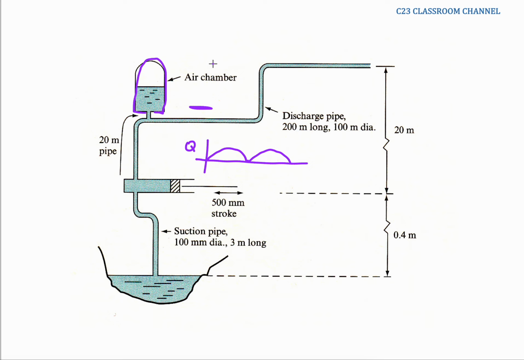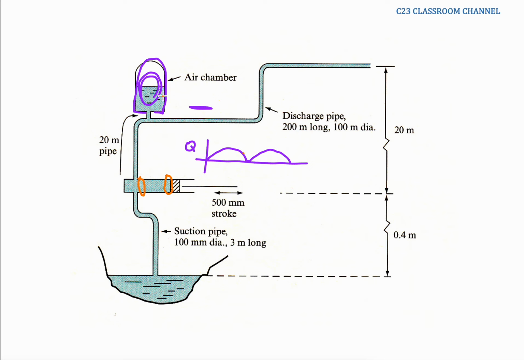In the air vessel, the mechanism is simple. When we push water here, some of the water will flow inside this air vessel. Then in the region where the piston is around this area and this area, the flow rate becomes weaker and weaker.